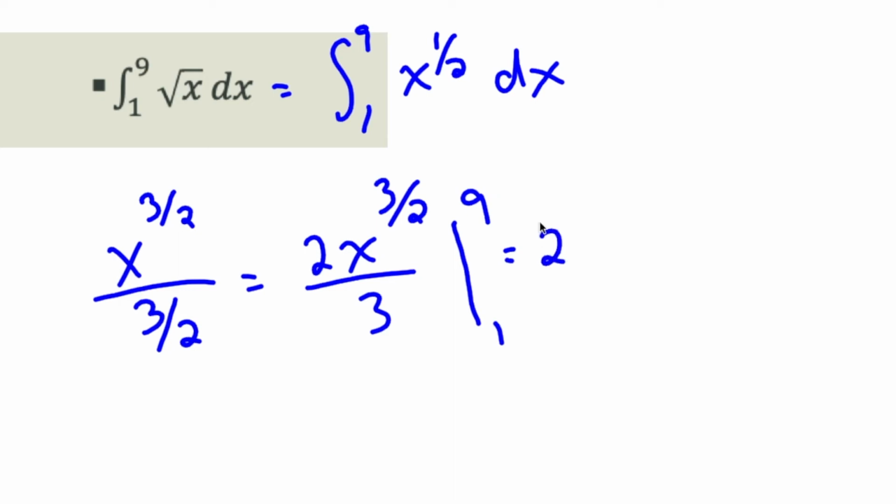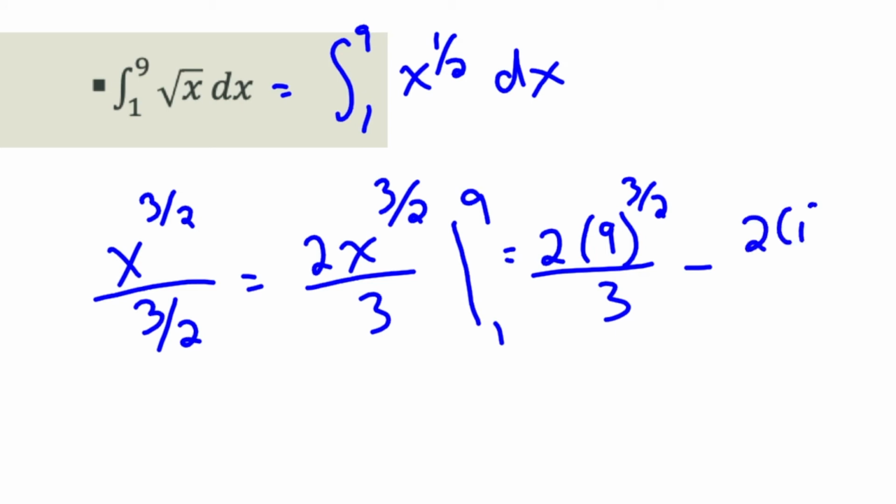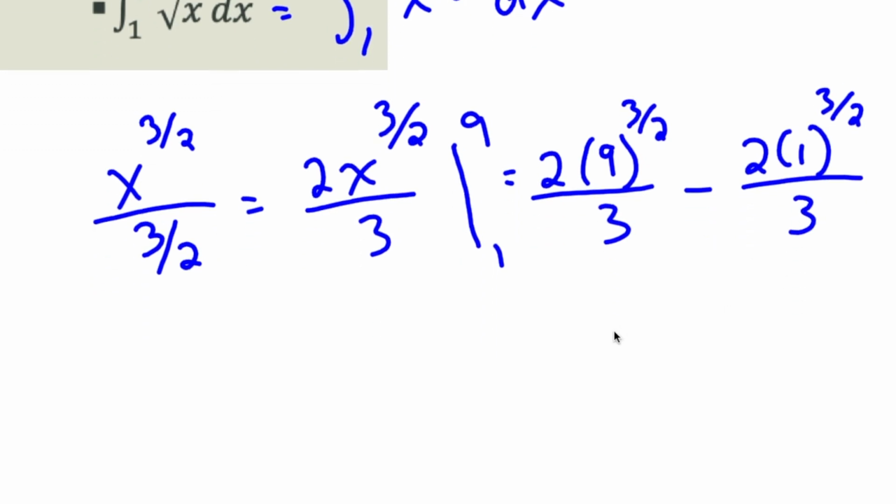So 2, plug in 9. 9 to the 3/2 over 3 minus 2 times 1 to the 3/2 over 3. Let's see what we get here. Now, keep in mind that when we do exponents like this, it does not matter if we do the square root first or the cubing first.